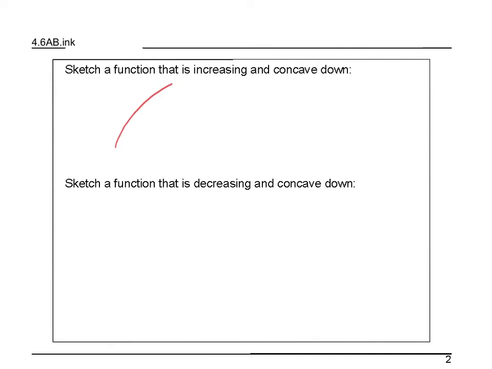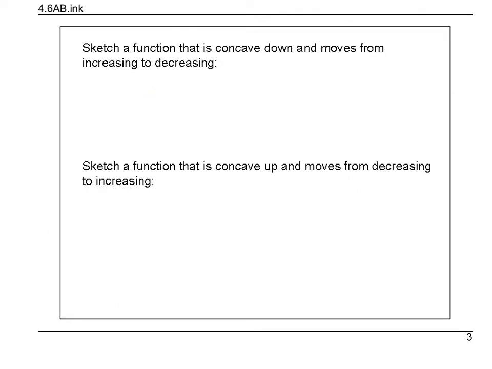And then sketching something that is decreasing and concave down also would kind of be the other half. So sketching a function that is concave down and moves from increasing to decreasing, well, we can take those two together and make a downward-facing parabola as one example. And something that's concave up moves from decreasing to increasing would be the opposite, upward-facing parabola.